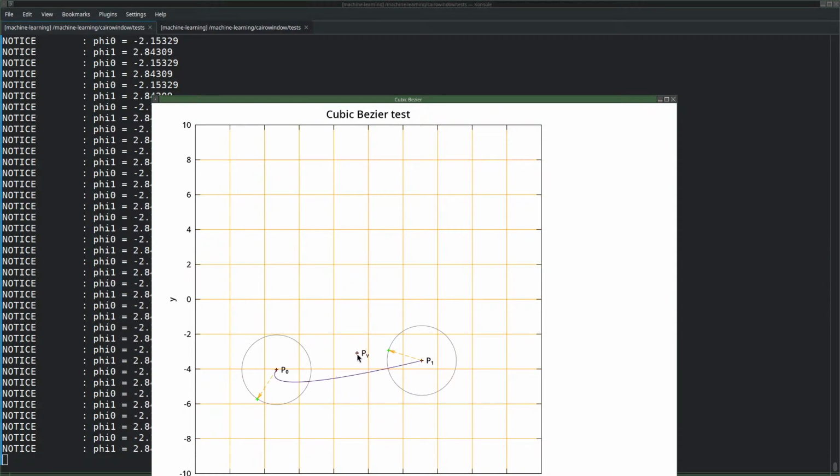What the heck, dude? Why is it not going through P gamma?